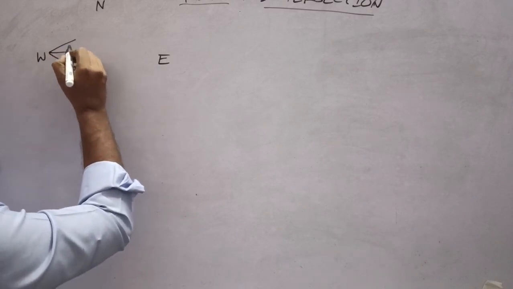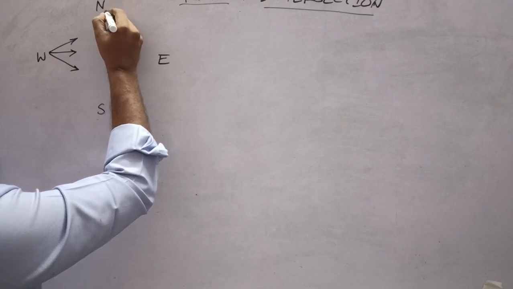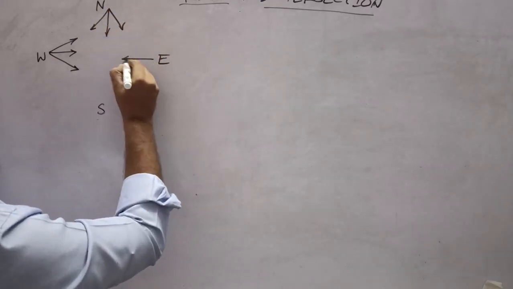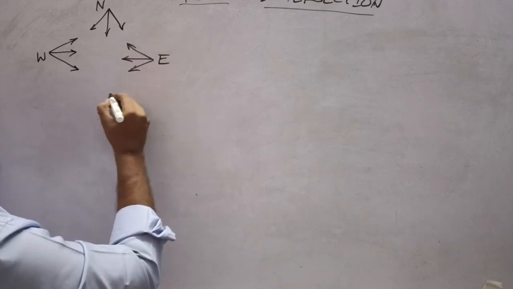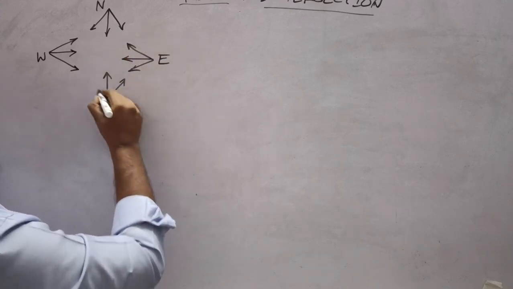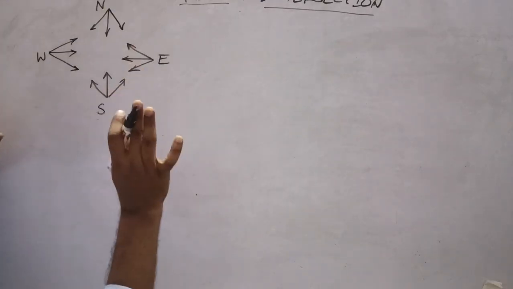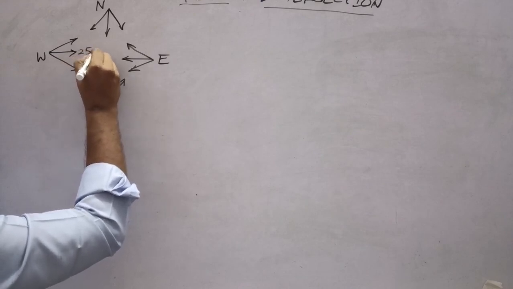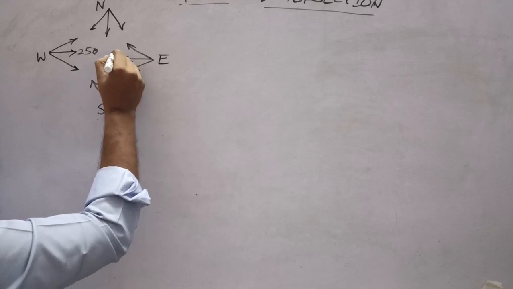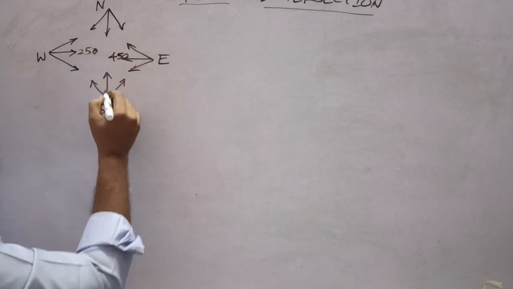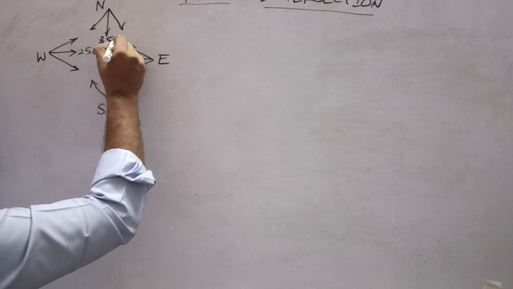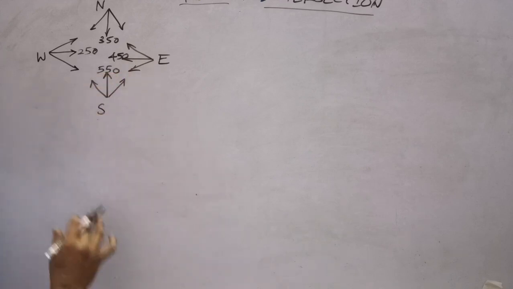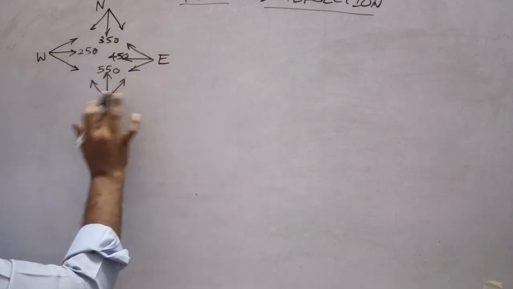We have left traffic, straight and right. So I will take simple data. So I will put 250 here, straight, and 450 here, 350 here, and 550 here. Right? For simplicity, we do it like this.